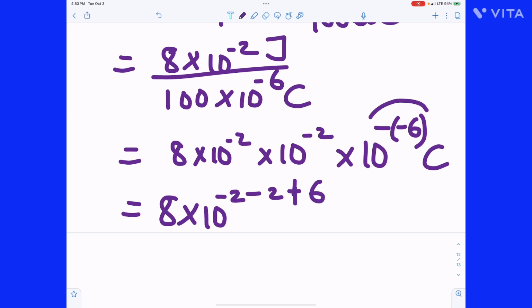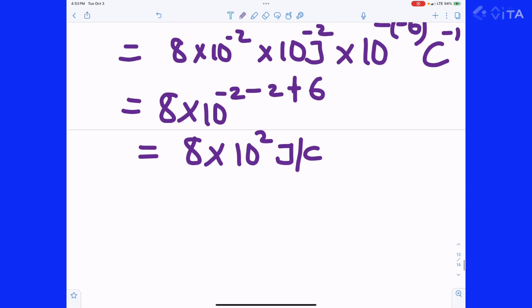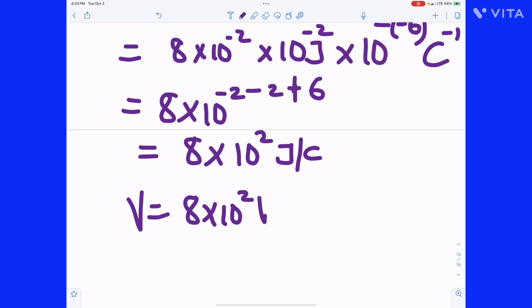This will become minus times minus plus 6, and I'll just add it to the rest. So I'll get 8 times 10 raised to the power 2 joule per coulomb. Joules per coulomb is the same thing as voltage, which is 8 times 10 raised to the power 2 volts.